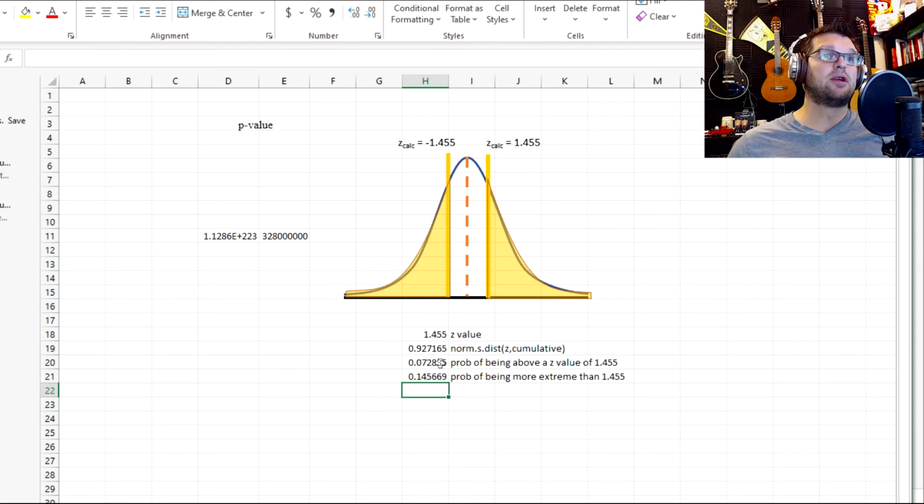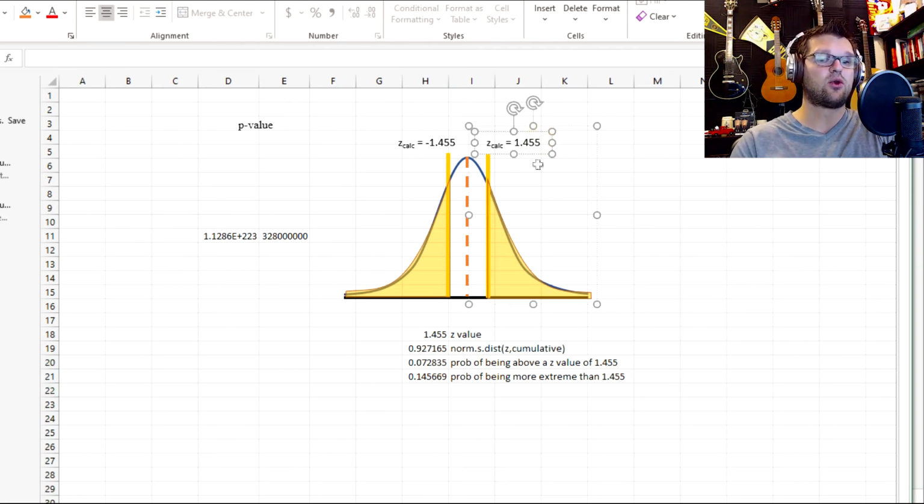And so because the probability of having z-calc or greater, so p equals 0.07835, and same thing over on the other side.